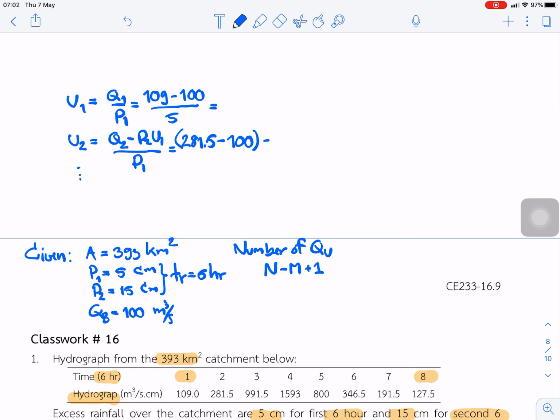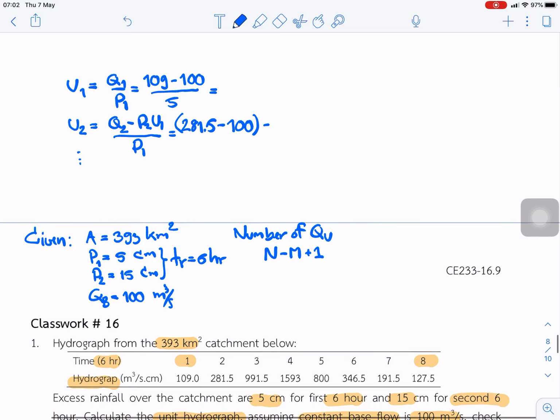We have to work until we get the total number of U, and later check that the summation of U, converted to depth, should be 1 centimeter. That is the first problem.